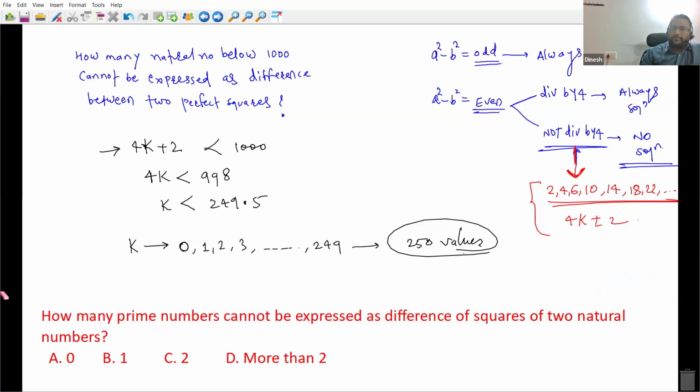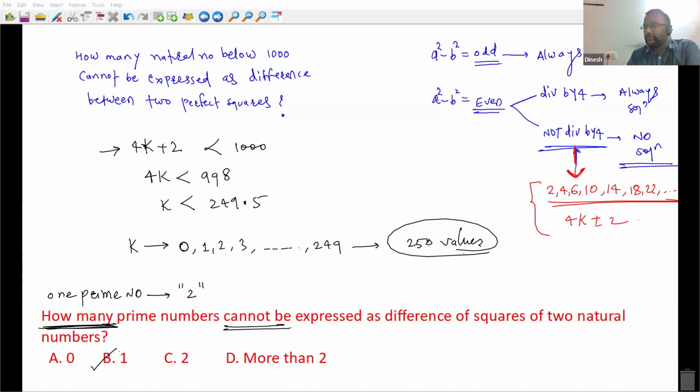So how many prime numbers cannot be expressed, everyone? All prime numbers are odd except 2. So 2, that is B. How many? Count how many? There is one prime number which is even but not a multiple of 4. All other prime numbers are odd. We can express those as a difference between two perfect squares.